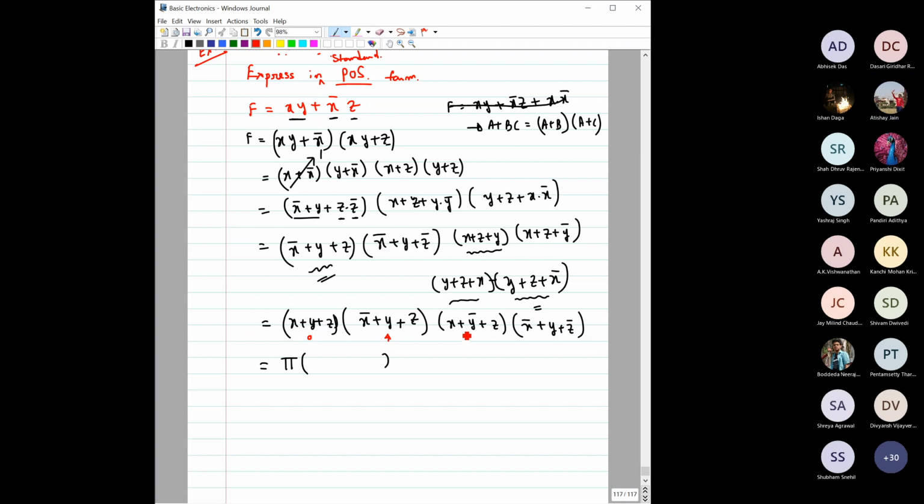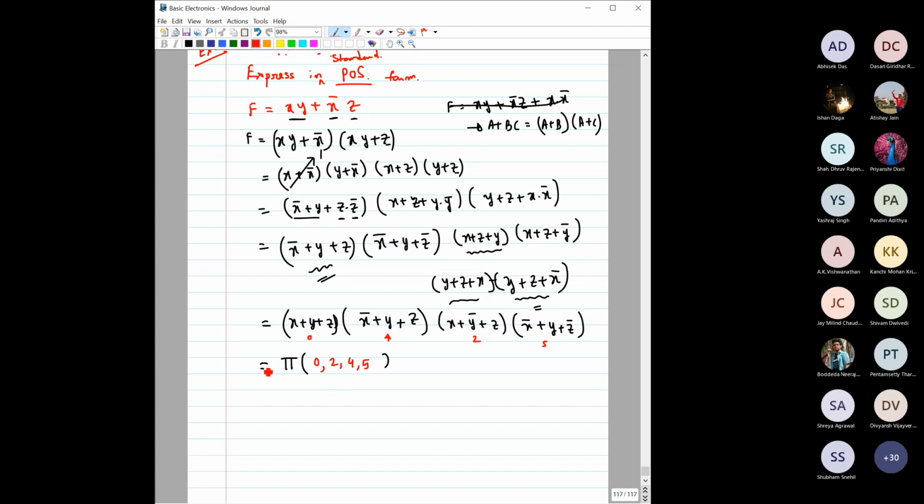This term is 5. 0 1 0, so this is 2. And the next one is 1 0 1, which means 5, isn't it? So it will be 0, 2, 4, 5, right?